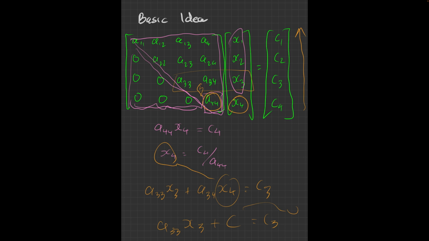The first step, forward elimination, is basically how we get our matrix into this form. So let's say we have a matrix. I'm actually going to write what's called an augmented matrix. Hopefully you're familiar with that.